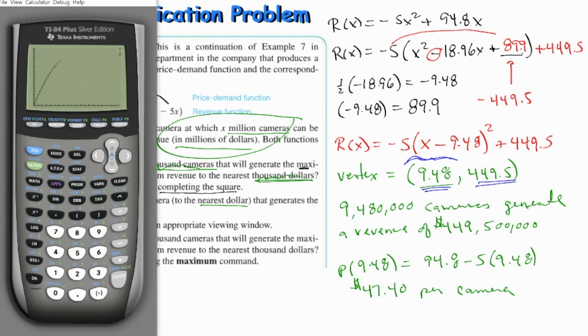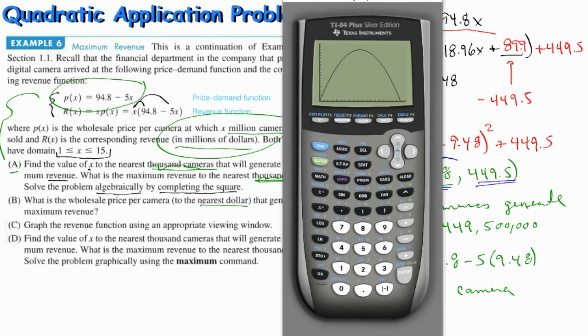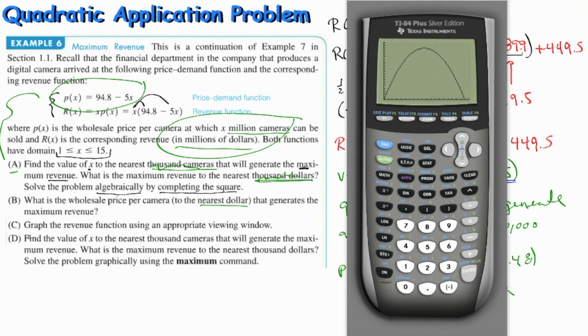Now when we hit graph, you see that the maximum is occurring at the vertex, and the instructions tell us to graph it with the appropriate viewing window. We've done that.